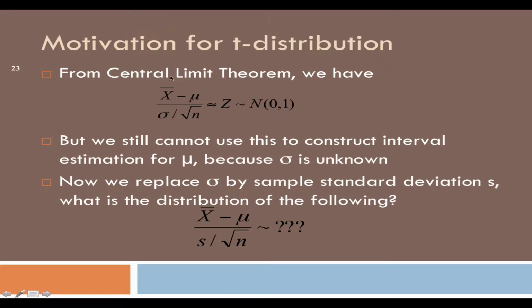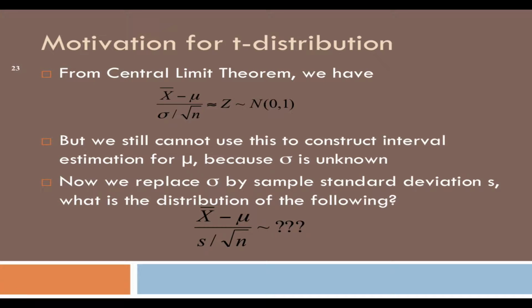So we have this formula, and the only difference now is x bar minus mu over s over square root of n. So we made this replacement of sigma by s, the population standard deviation by the sample standard deviation.